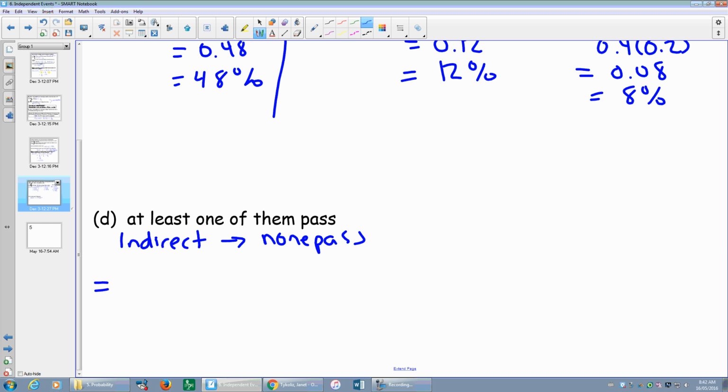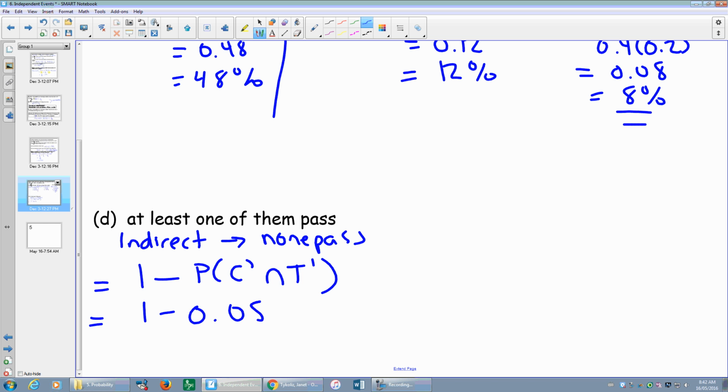So it's 1 minus the probability that Chris doesn't pass and Ty doesn't pass. We already know that's 8% that both fail, then the rest of that percentage is when one or both pass. So that's 1 minus 0.08, which gives you 0.92, which gives you 92% that at least one of them will pass.